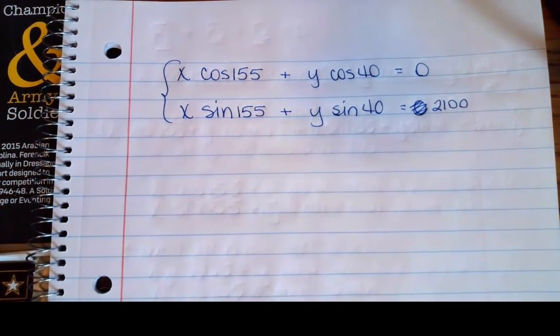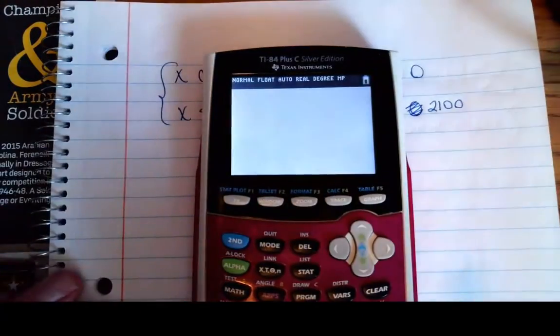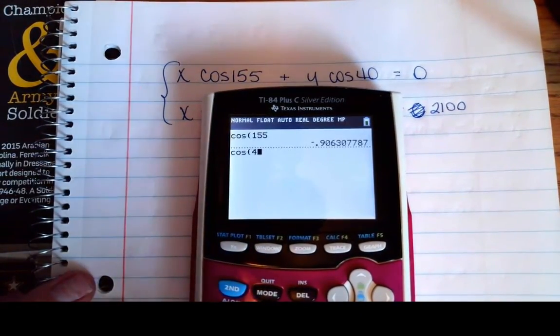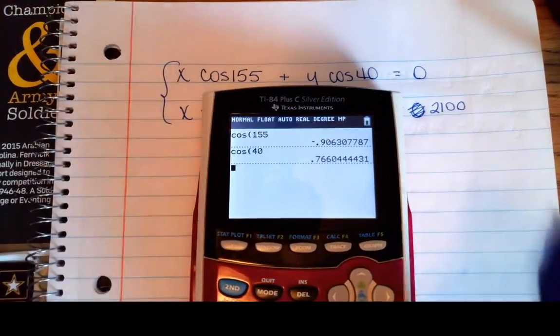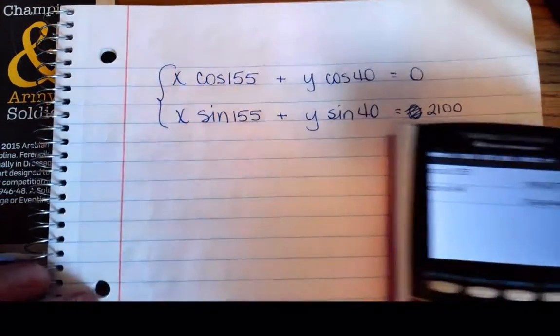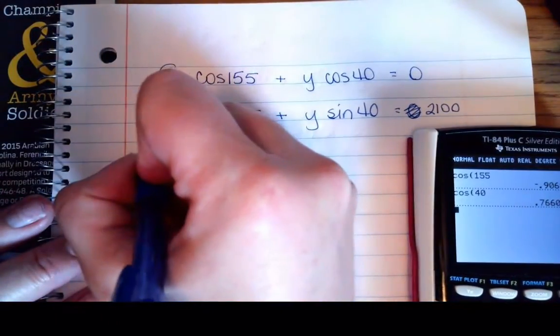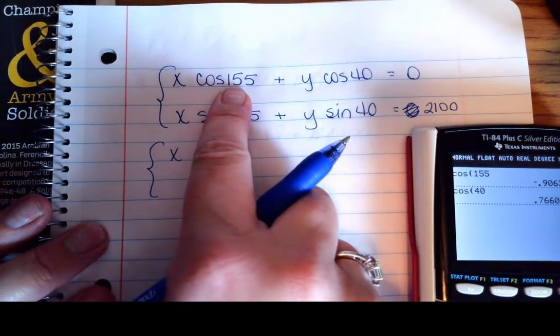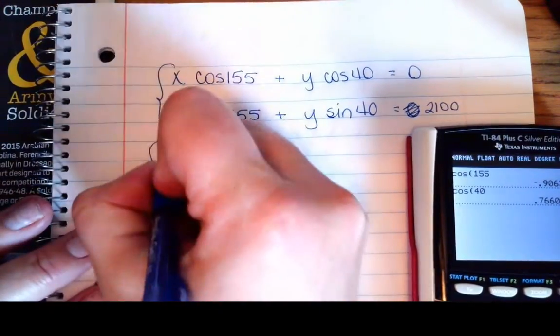So I need to know what the cosine of 155 is, and I need to know what the cosine of 40 is. And so I've got these 2 decimal approximations for my top row. So my top row is going to become, actually I'm going to do this different.